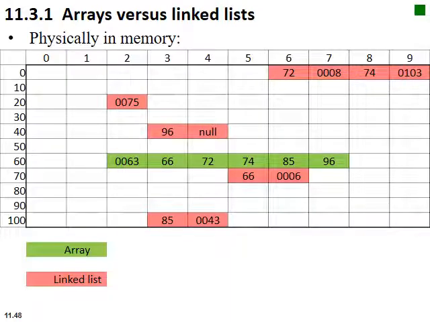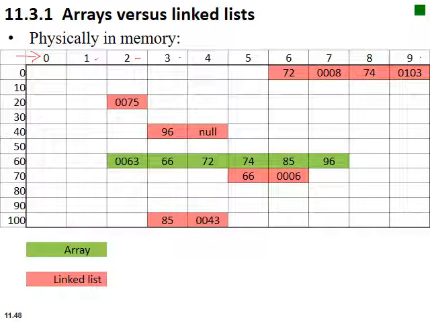So let's try and show you how this really works in physical memory. Again, here we have basically the memory starting at physical position number 0, and then goes 1, 2, 3 up to 9, and then the next one would actually be 10. Sorry, I see there's an error in there.